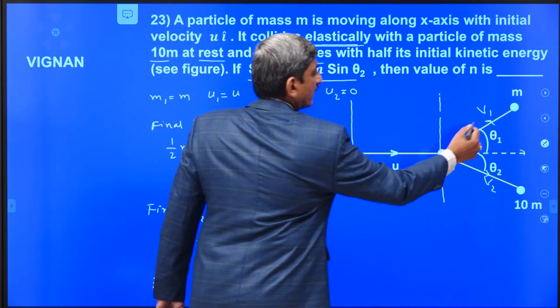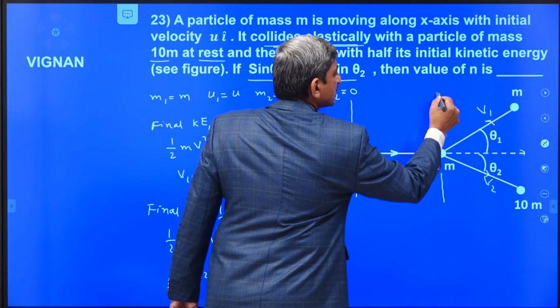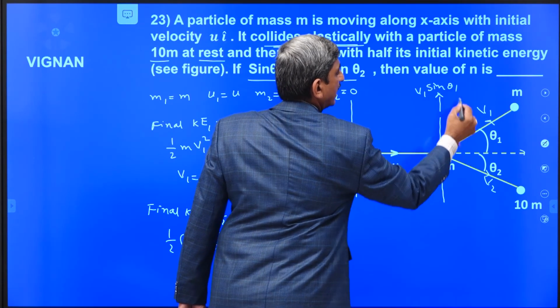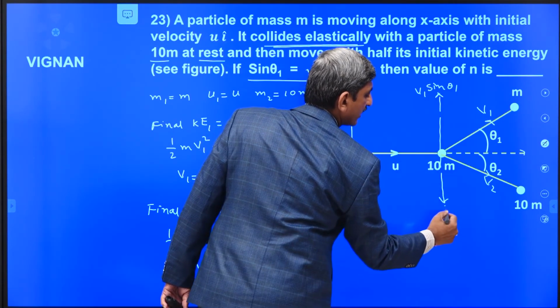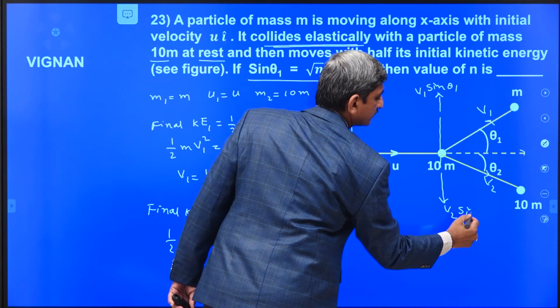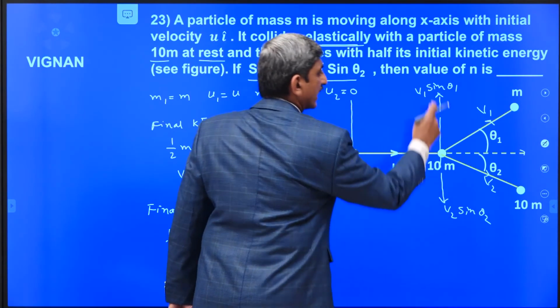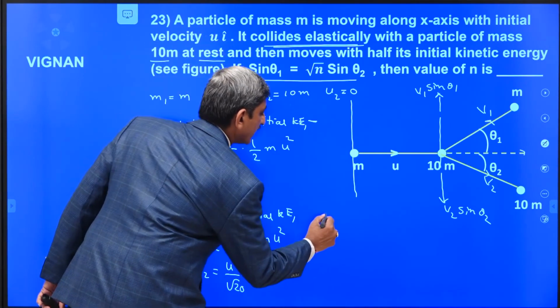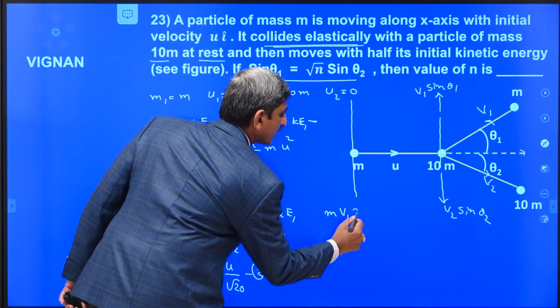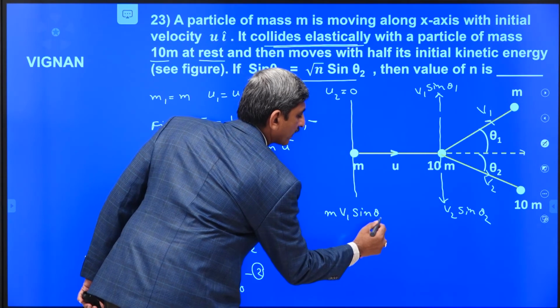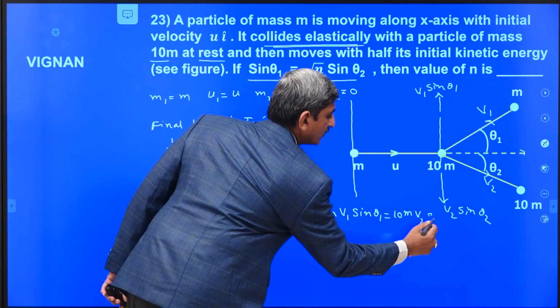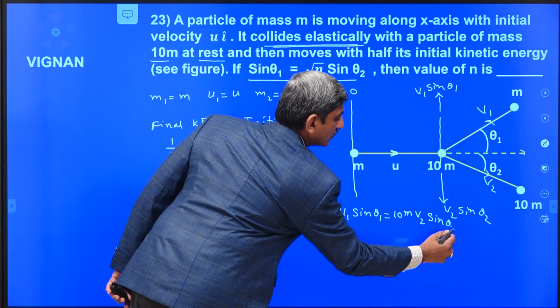For that, the component of the velocity along this direction is given by v1 sin theta 1, and for this the component is given by v2 sin theta 2. So along this vertical direction also the total momentum must be conserved. From this we can write it as m v1 sin theta 1 is equal to 10m v2 sin theta 2.